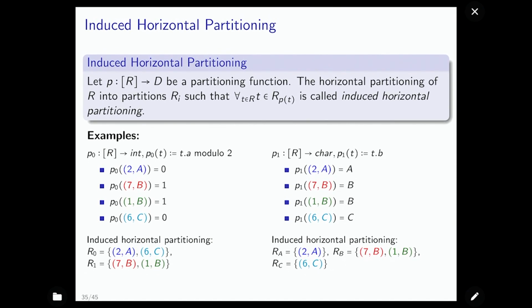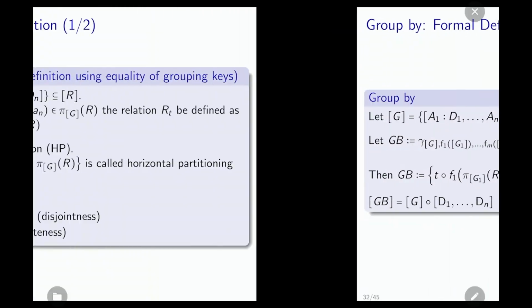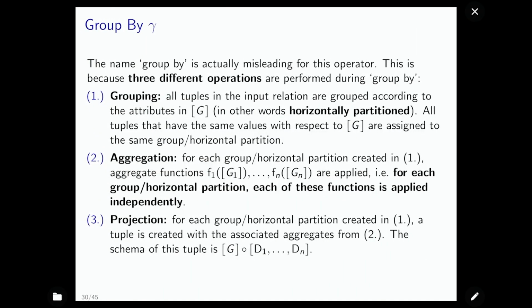Okay, so with that, we go back to this grouping definition. So that is what's happening here. It's horizontally partitioned, and let's assume for the moment it's a disjoint horizontal partitioning. So the group by operator takes the input and, depending on the condition, so what is the partitioning function is the obvious question here, it creates a horizontal partitioning.